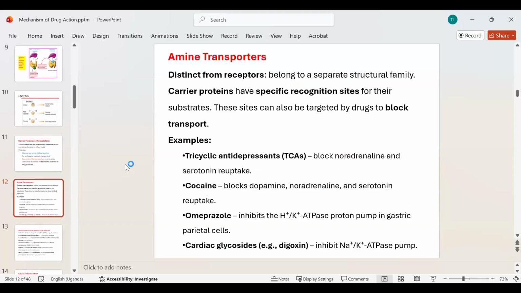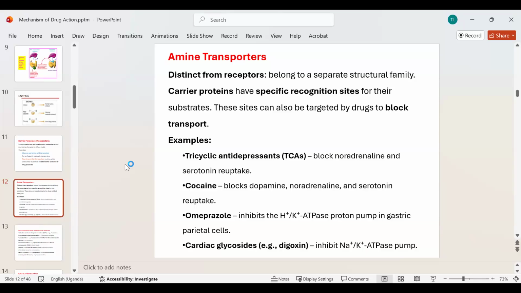We also have amine transporters. These tend to be distinct from receptors because they belong to a separate structure family of carrier proteins, and they tend to have specific recognition sites for their substrates. We have many of these.